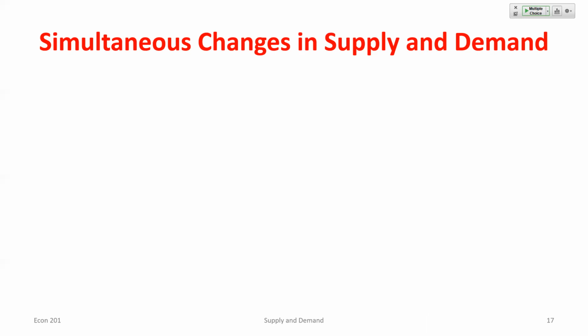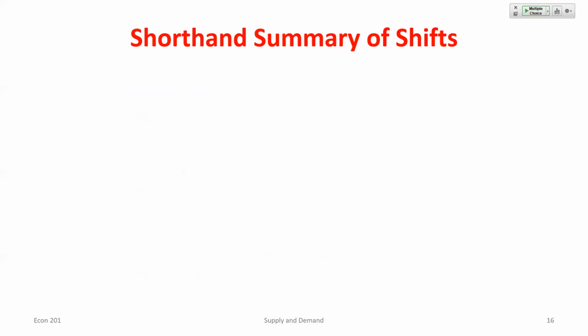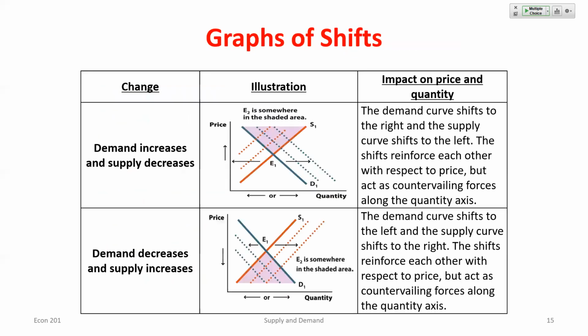So what is the danger of drawing these on the same graph at the same time? I won't draw it because I think me drawing it maybe gets a little confusing. I kind of like the synopsis. So we had a supply increase and a demand decrease. You can kind of see, it depends on how I draw this.